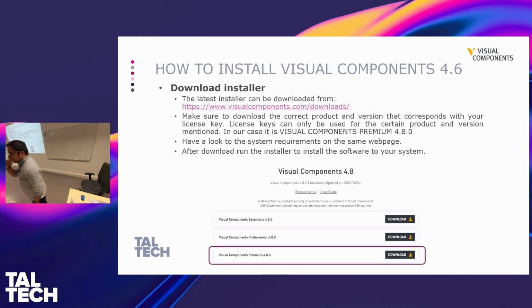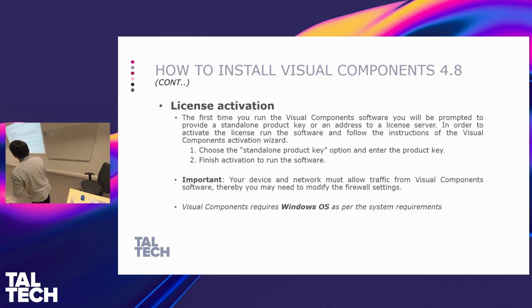Otherwise, for the keys, they give a one-time key. So if I use it and the computer has some problem and you need to do a reinstallation, it means the key is invalid. So that's a thing. But anyway, how to install it and what to download is in the slides.